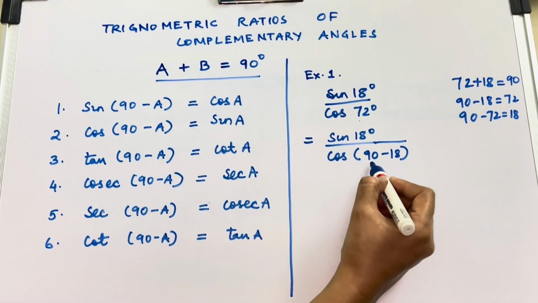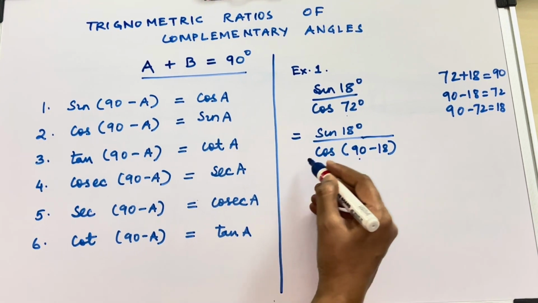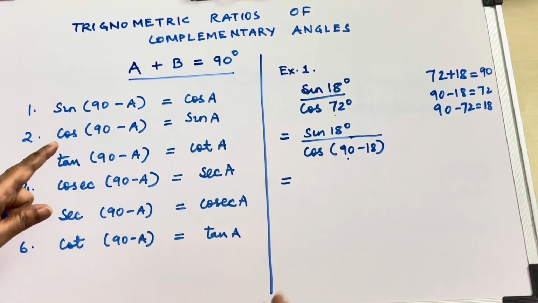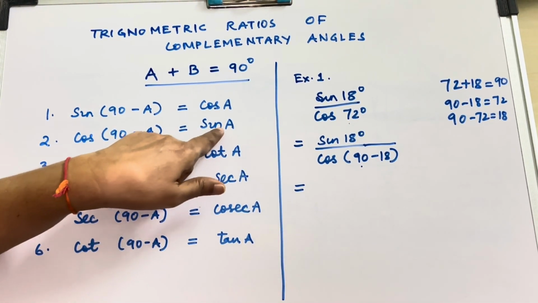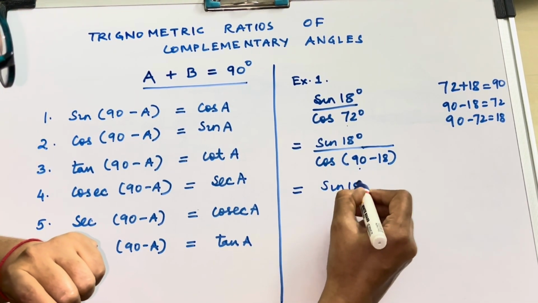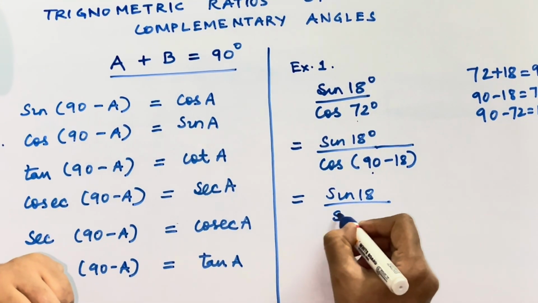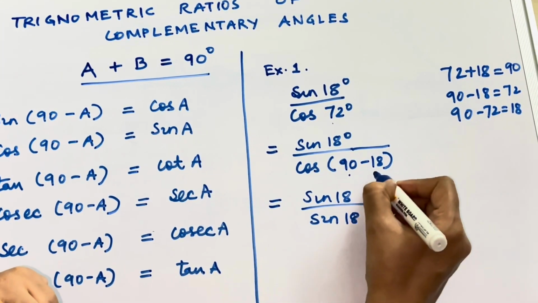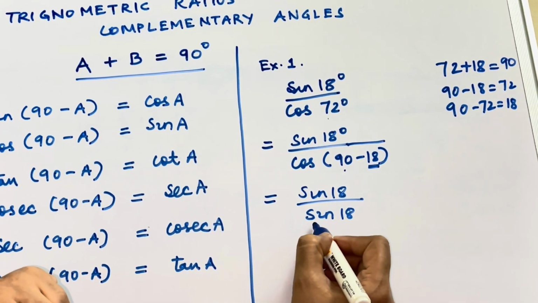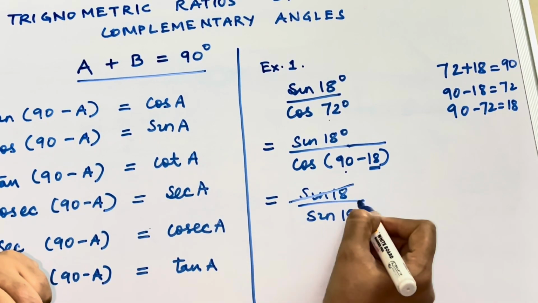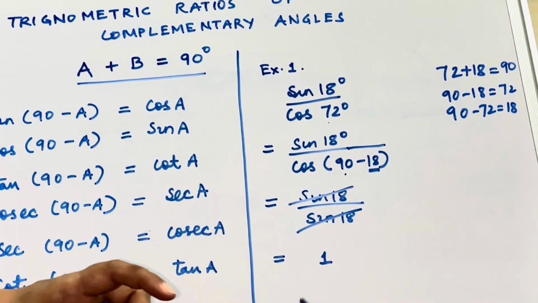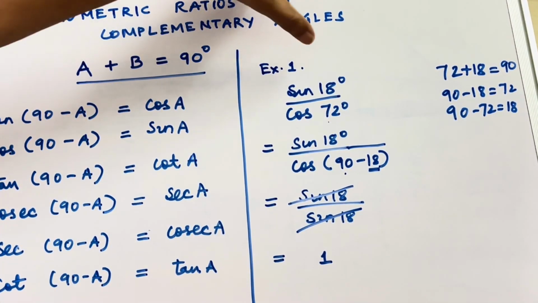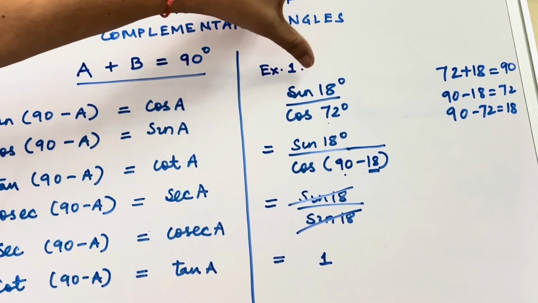Now, cos 90 minus A is sin A. So cos 90 minus 18 will become sin 18, because here A is 18. Sin 18 and sin 18 will get cancelled, so you get 1.